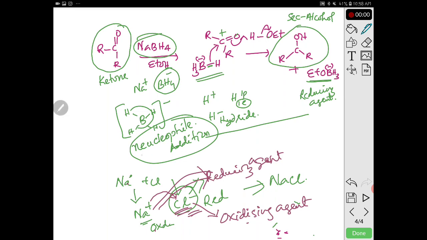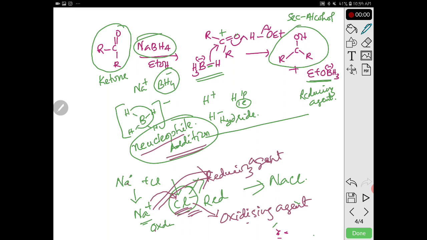So come back to the point: this is a nucleophilic addition reaction. What is the nucleophile? Actually, this hydride is getting added. So what made this carbonyl group get reduced? That is borohydride. So borohydride is a reducing agent.